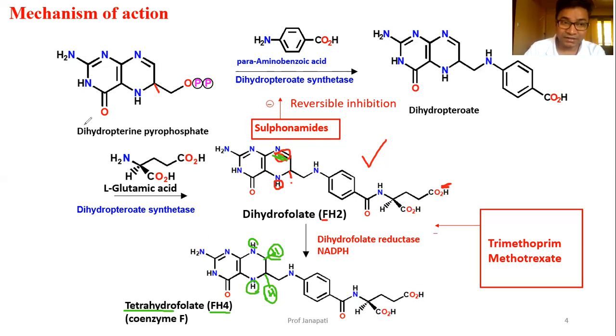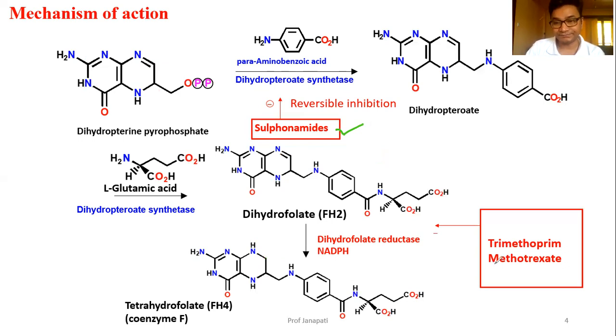Now in this slide, you can see some of the drugs which can block here. So the first one is, dihydropteroate synthase is blocked by sulfonamides. I also told in the previous video that sulfonamides are antimetabolites.